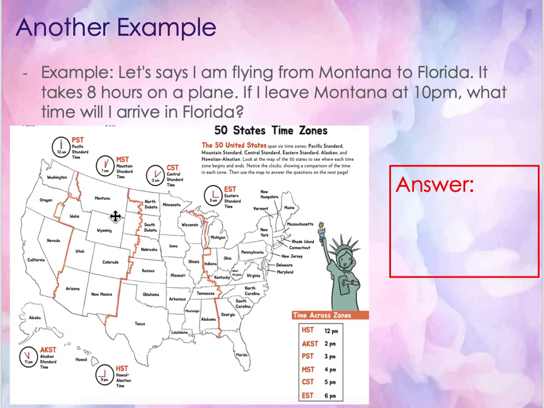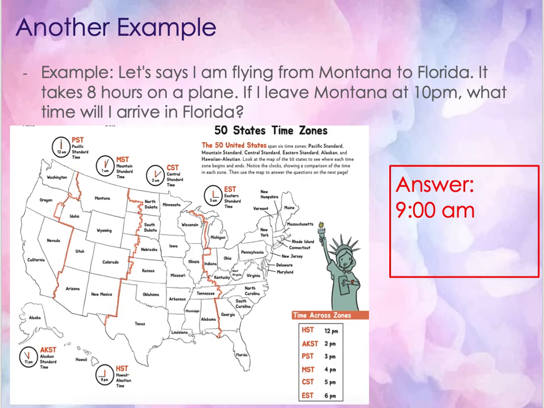So if I leave Montana at 10 p.m., it'll be 11 p.m., then 12 a.m., right? Then I have to take into account the 8 hours that I traveled on the plane. So it's 12 a.m., then 1 a.m., 2 a.m., 3 a.m., 4 a.m., 5 a.m., 6 a.m., 7 a.m., 8 a.m., 9 a.m. So I will make it to Florida at 9 a.m.